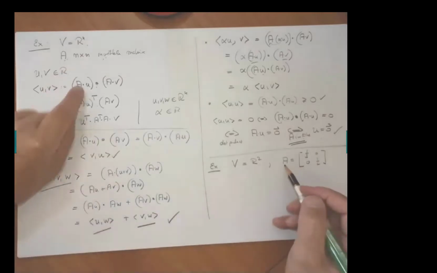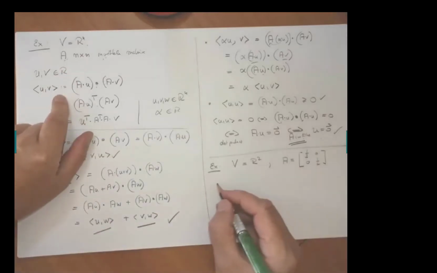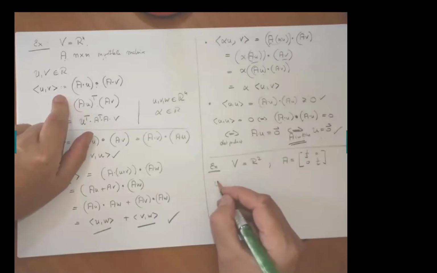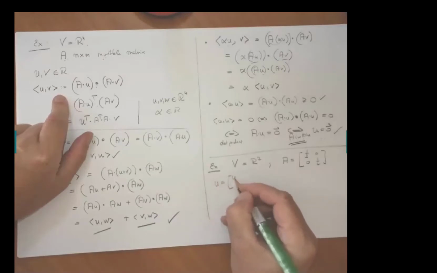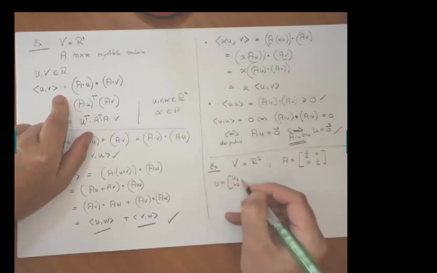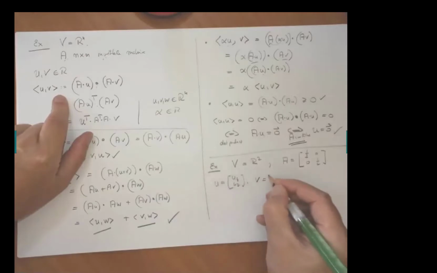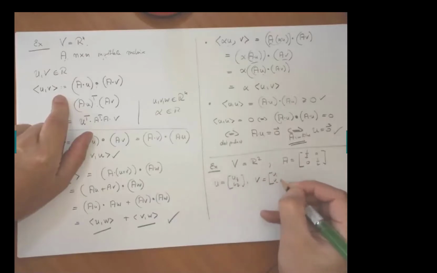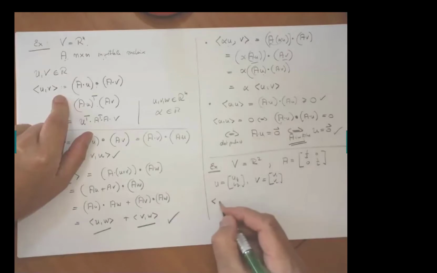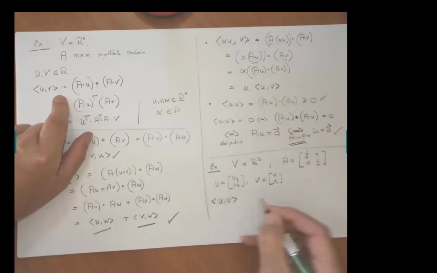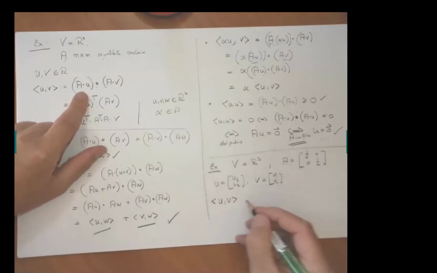So then I take this product. If you take u equal to (u1, u2) and v equal to (v1, v2), what is now the inner product of u and v with this matrix A?